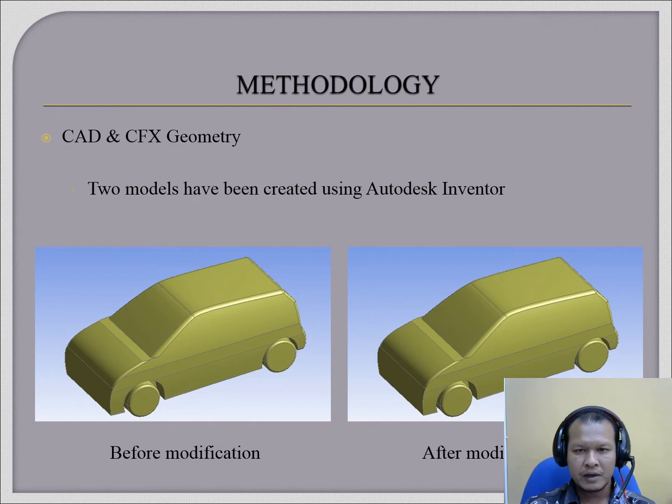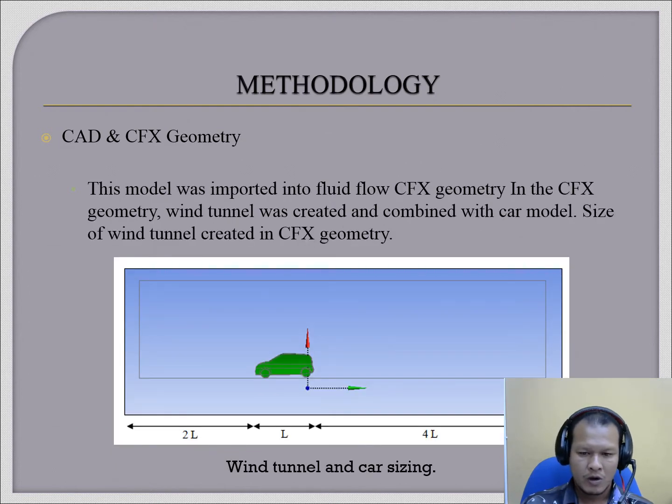The first figure is before the modification, and the second figure is after we made a little bit of modification in terms of the body and also the rear roof. The modification was made for the competition, to improve the drag force and downforce.